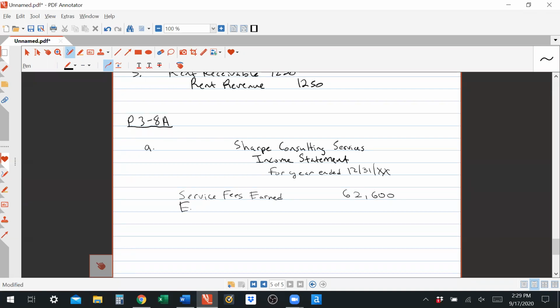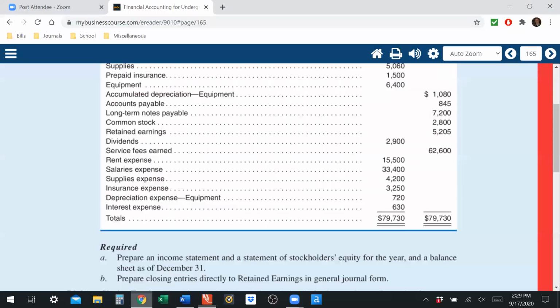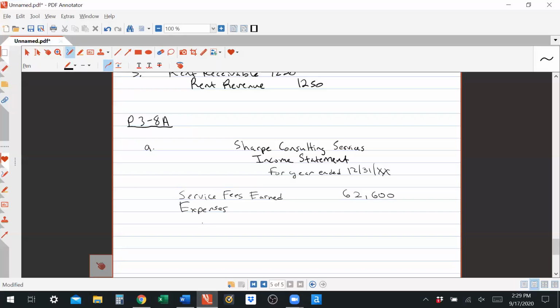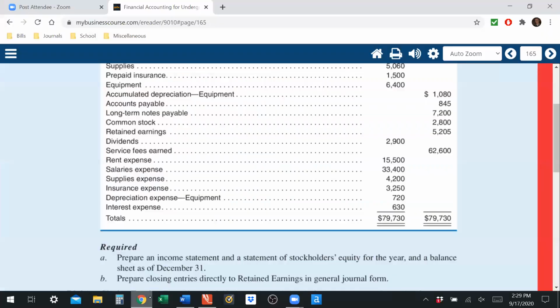And then we have our expenses. There are several expenses, so I'll put a category here, expenses. And then what are the expenses? We have rent, salaries, supplies, insurance, depreciation, and interest. So rent, salaries, supplies, what else?